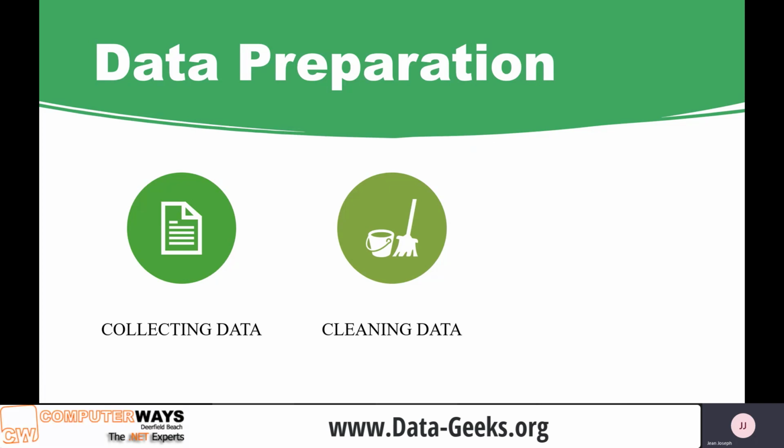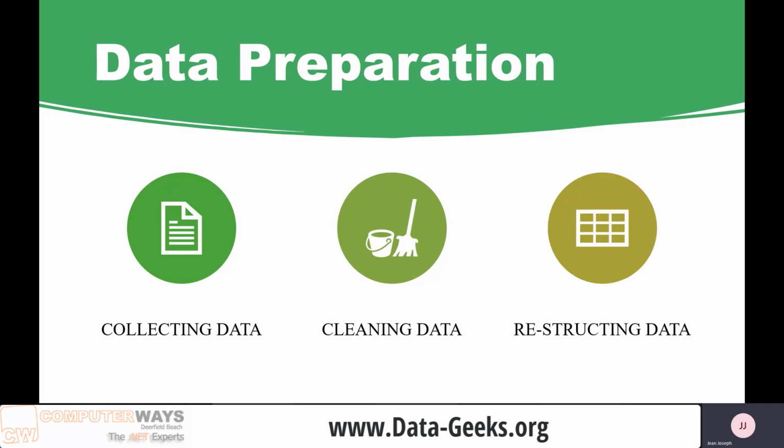The third stage in data preparation is restructuring the data. After you collect your data and clean your data, you have to define it, right? A data structure can be defined as a group of data elements which provide an efficient way of storing and organizing data in the computer so that it can be used efficiently.